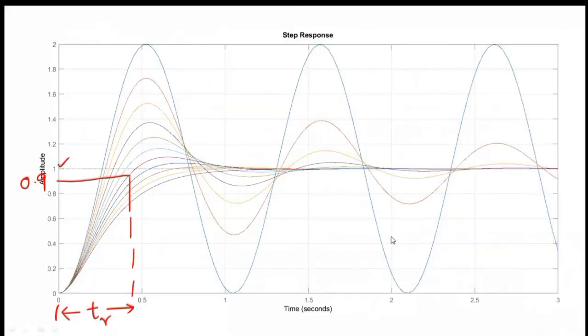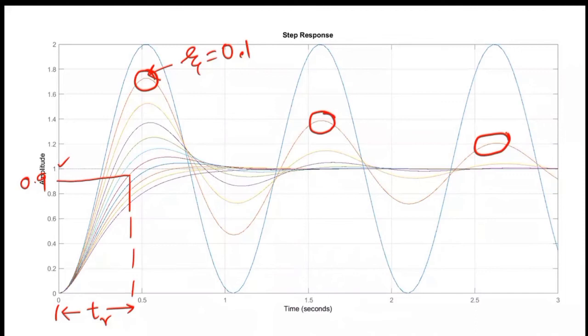Here, you take zeta is equal to 0.1 value. This is the response for zeta is equal to 0.1 value, right? It is having an oscillatory response. If you observe, the magnitude of the peak value is decreasing for every cycle.